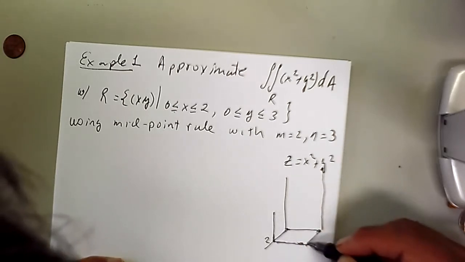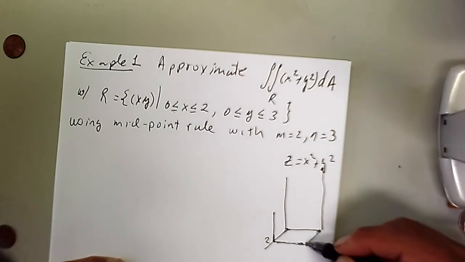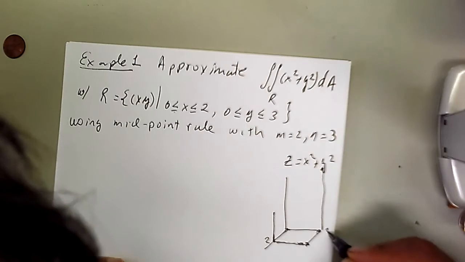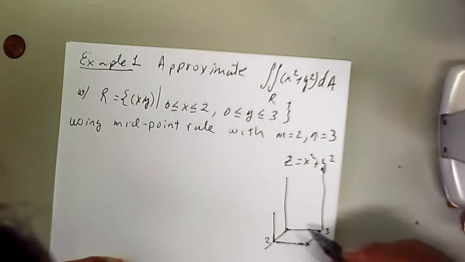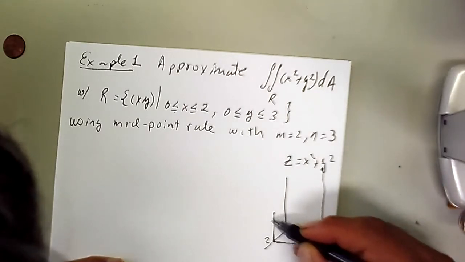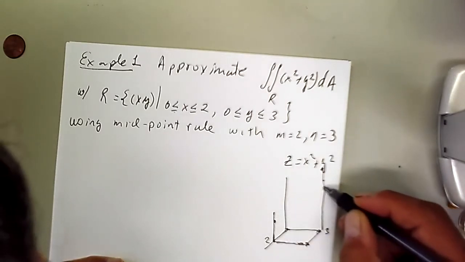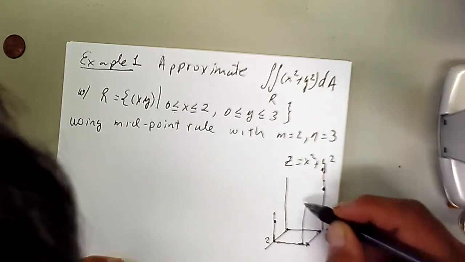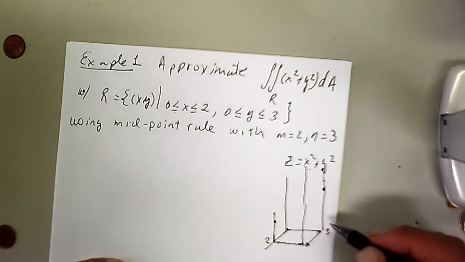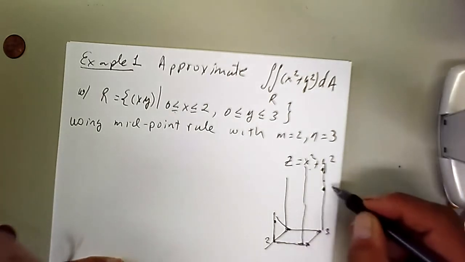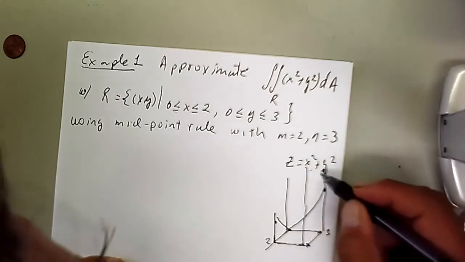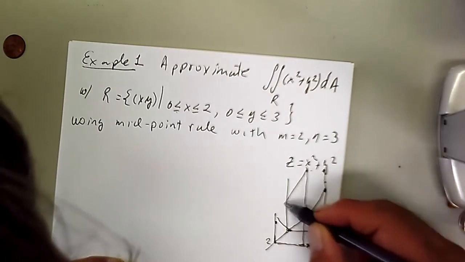I should have given myself more room because by the time we get to 2 and 3, we're going to end up with 9 and 4, 13. So this is going to be much higher. Let me lower this. So pretend this is 4, 9, and that way I can squeeze the 13 here. There we go. And this is parabolic. And what is the 13 over here? So this is probably going to go this way.